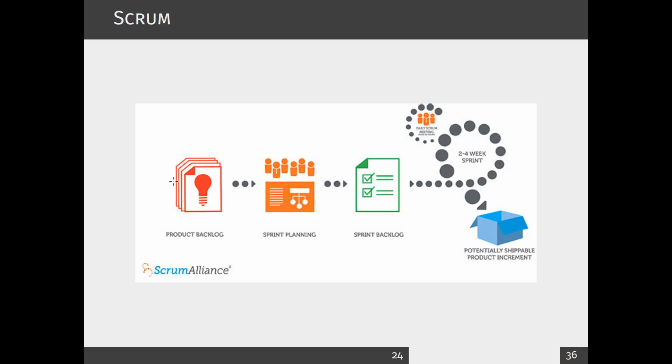And then you have to have a Scrum master. That means you have a leader who makes sure that you follow these steps, rules, and practices. And then you will have a development team, right? So that's how it works.